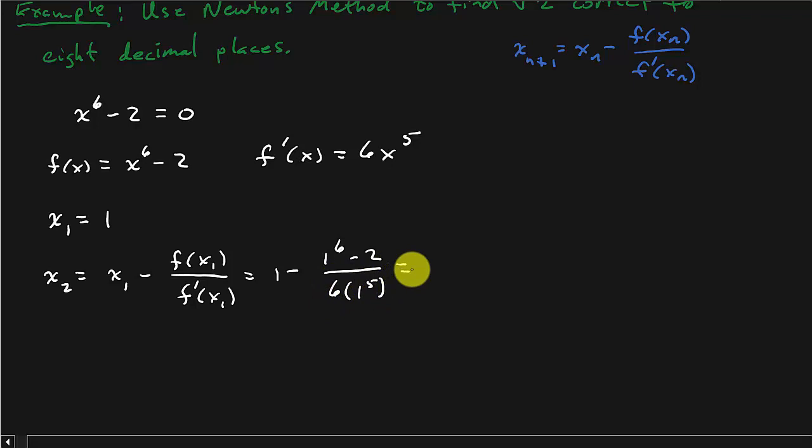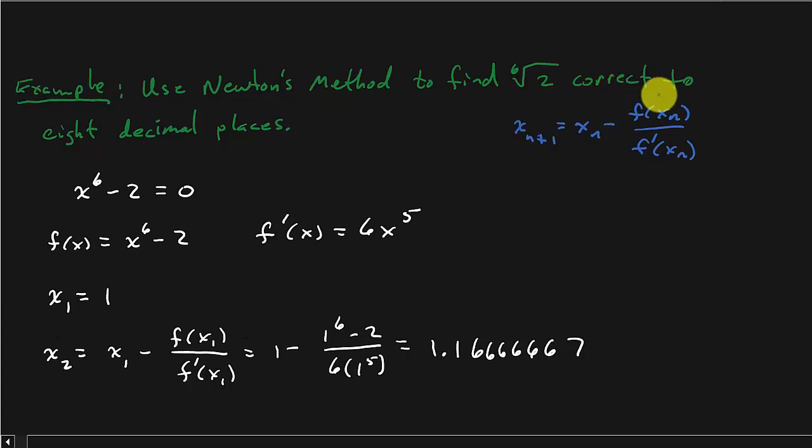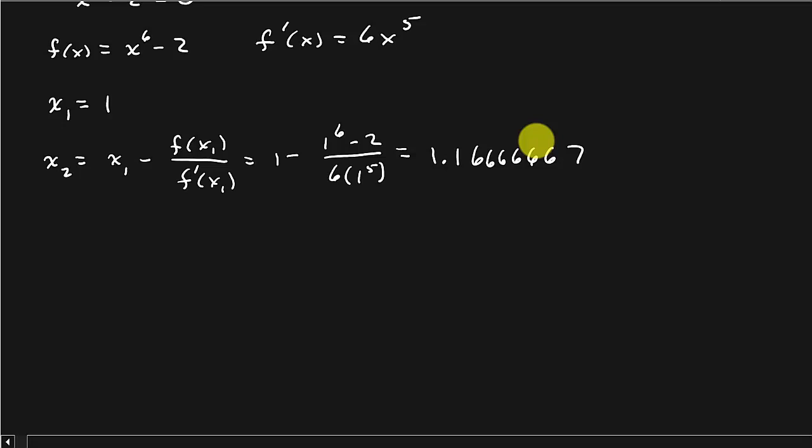And that gives us 1.1. Okay, so we get that. Now, how many decimal places do we need to take this out to when we're doing our answer? Well, we need to go out 8 decimal places because it says we want this correct to 8 decimal places. All right, so there's x2.